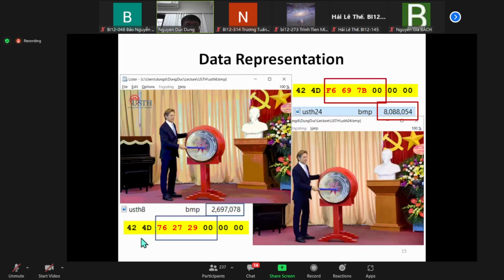Now, let's check it again. The size of the first file is 2.6, but what we see is 4.6 in decimal, and this information is stored in the 4 bytes of the bitmap file header. Now let's check again whether those 4 bytes are for the file size or not.